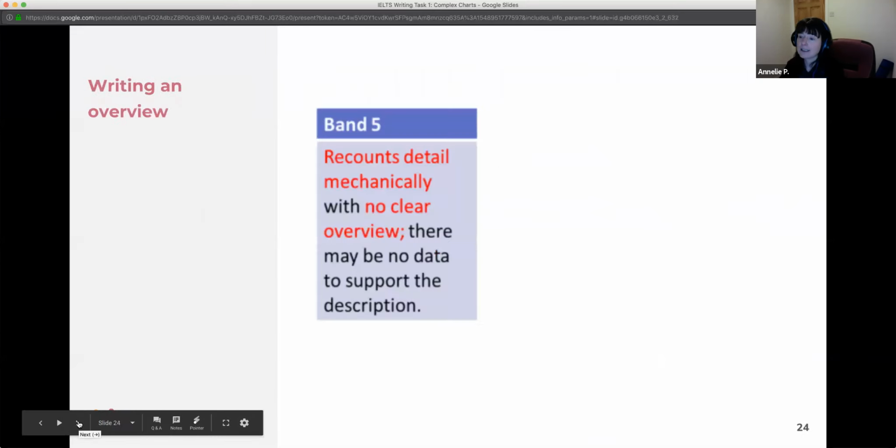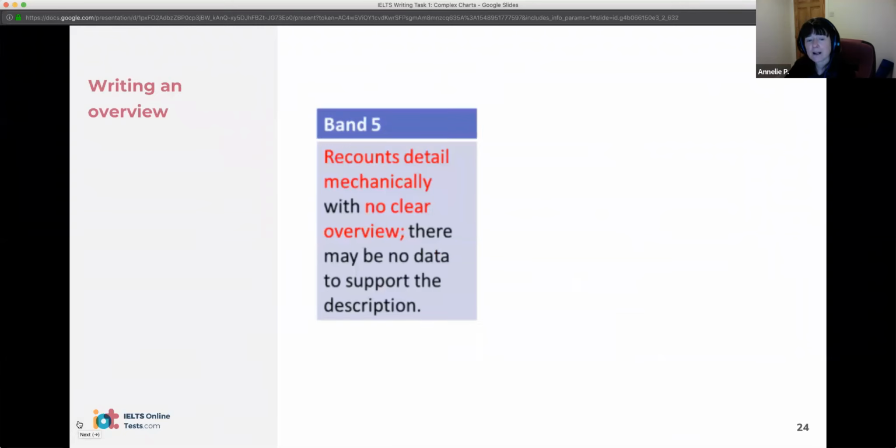Okay, so we're going to look a little bit at the band scores now, and what the examiners are looking at. So if you look at band 5, you can see there in the red, no clear overview. Okay, so the examiner cannot clearly see an overview in your answer. Very important to put the overview in a separate paragraph, okay, so that it's easy to see.